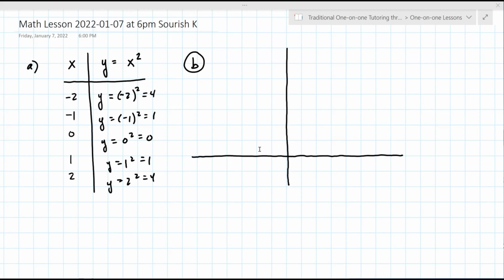So the first one is -2, 4. Let me show you that. That's -2 and then up 1, 2, 3, 4. That's the first ordered pair, -2, 4.